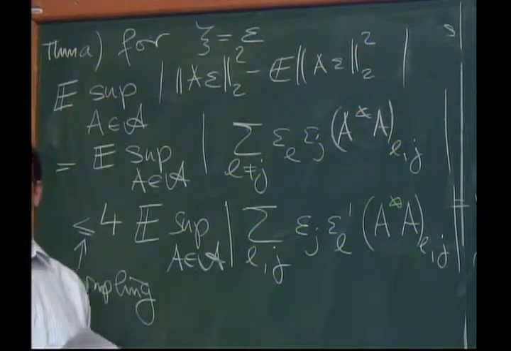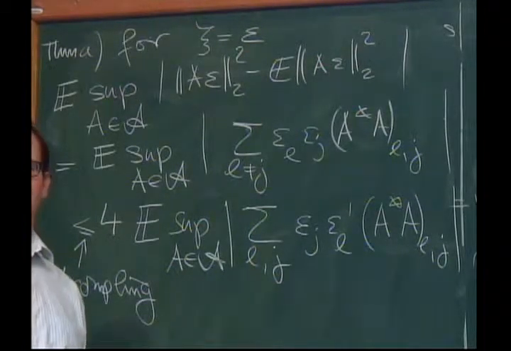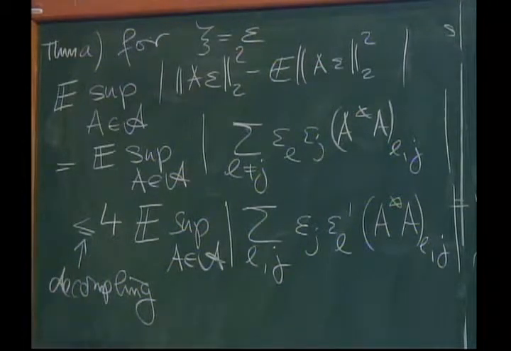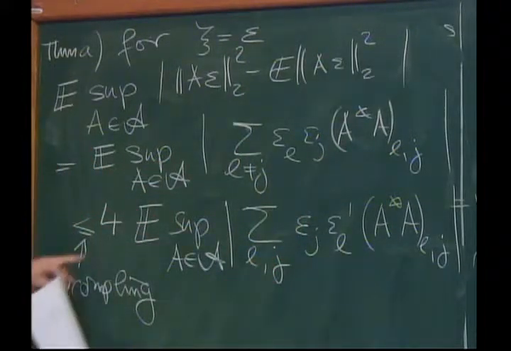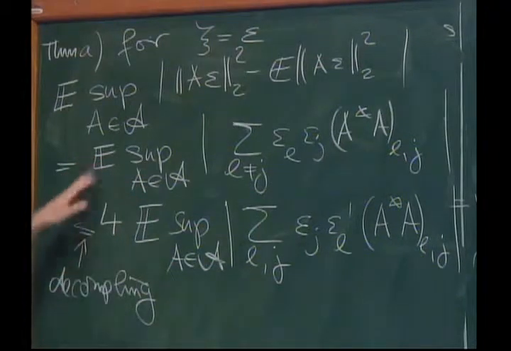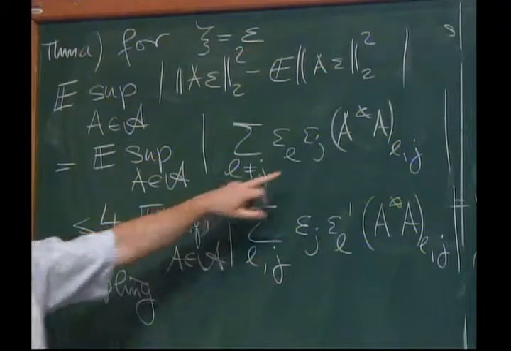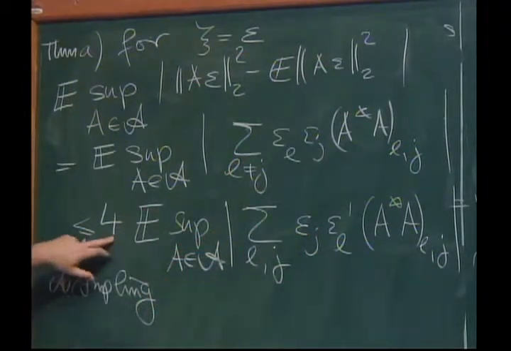So who is aware of decoupling? Okay, I fear that you have to believe me at this point. So if you have a double sum of this type, from which you want to bound the expectation or moments or so, you can replace one of these copies by an independent copy. And, well, you pay for a constant of 4.